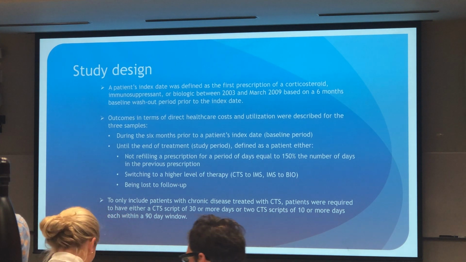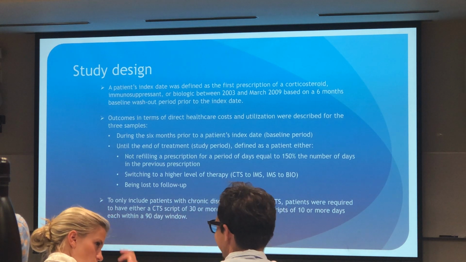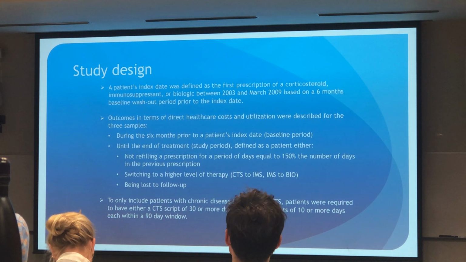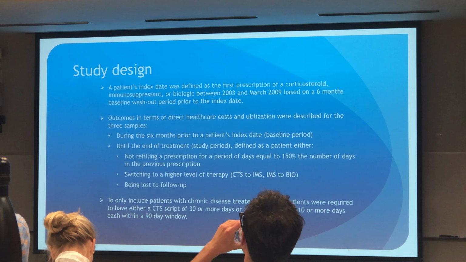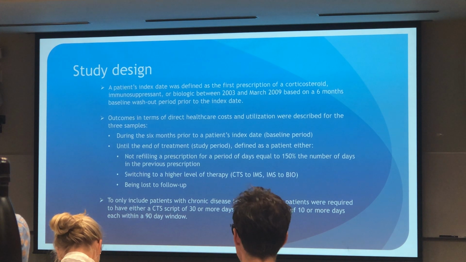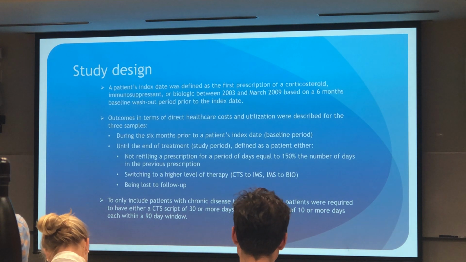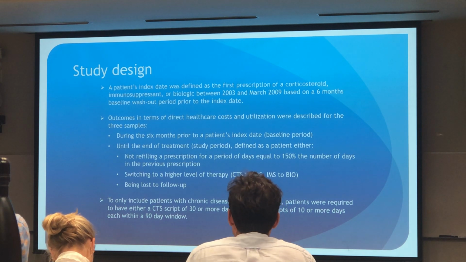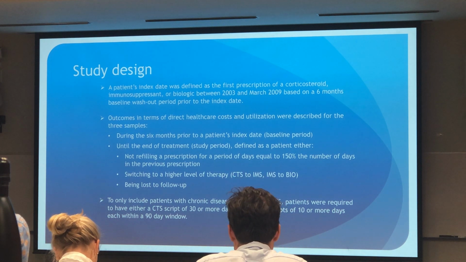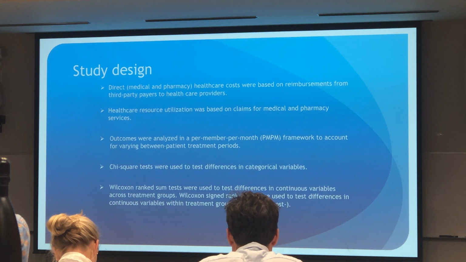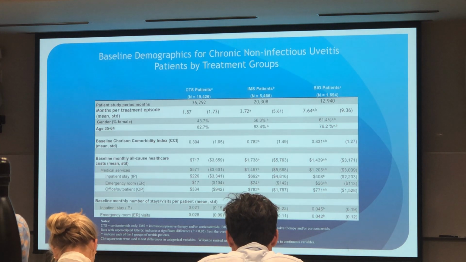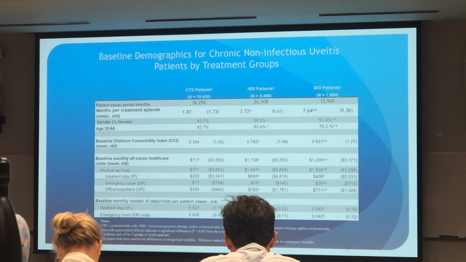patients in some way. So we gathered all the uveitis patients in this data set and divided them into patients who received only steroids, that's one group, and the IMS group, patients who received immunomodulator non-biologics, so methotrexate, cyclosporine, mycophenolate all fit into that category, and the biologics, so the three groups.